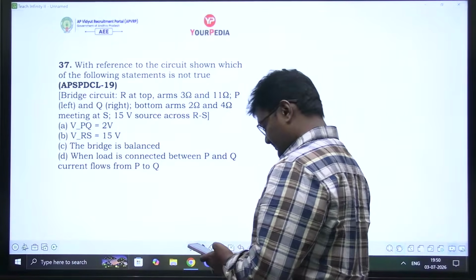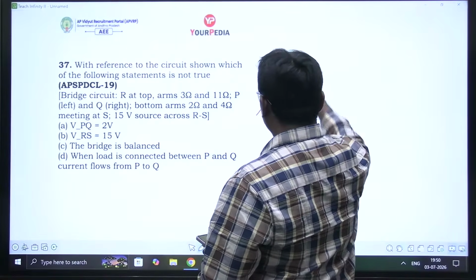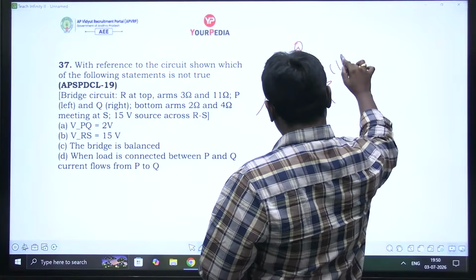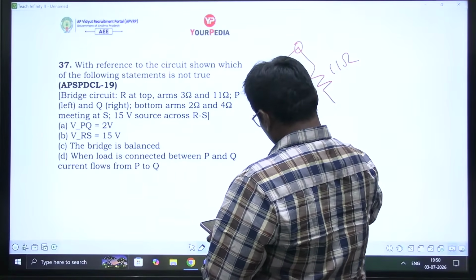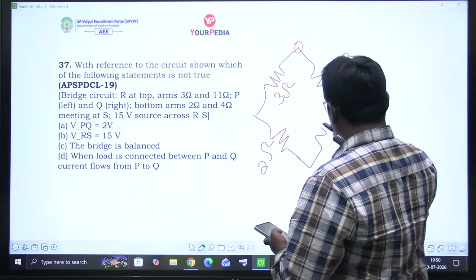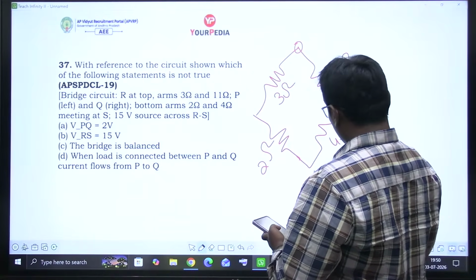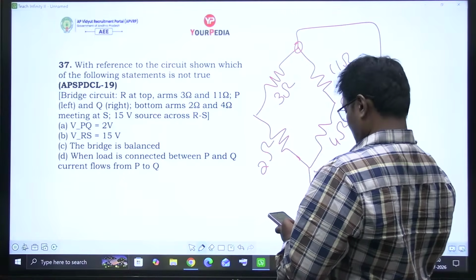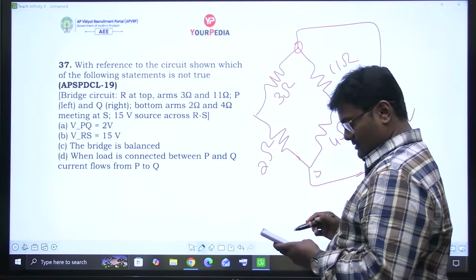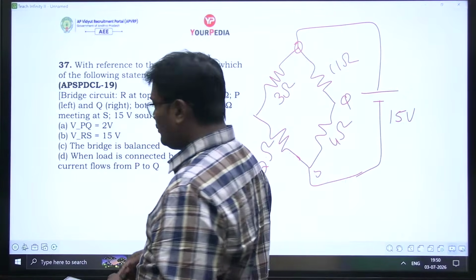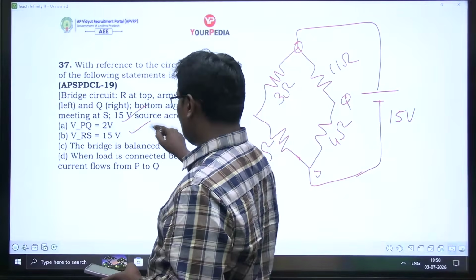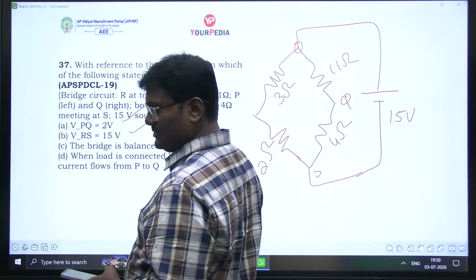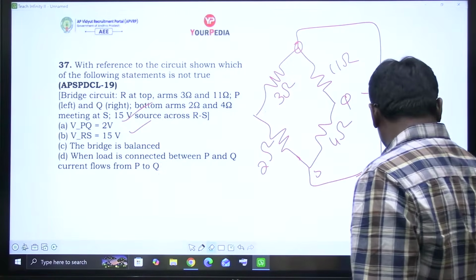So the question is: the resistances are 3 ohms, 11 ohms, 2 ohms, 4 ohms, with 15 volts. VPQ is 2 volts, VRS is 15 volts. Is the bridge balanced or not balanced? You can check it. Check this circuit.